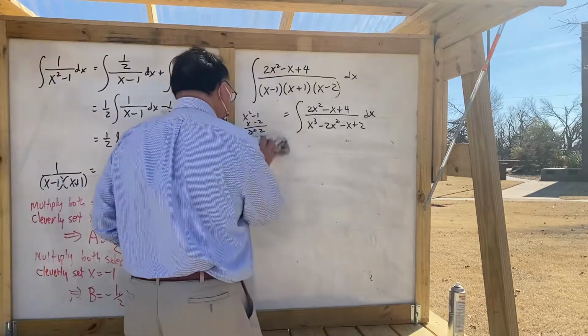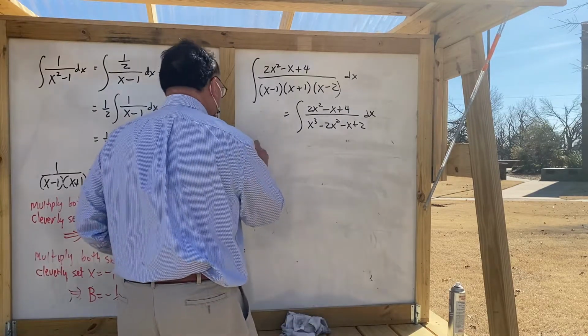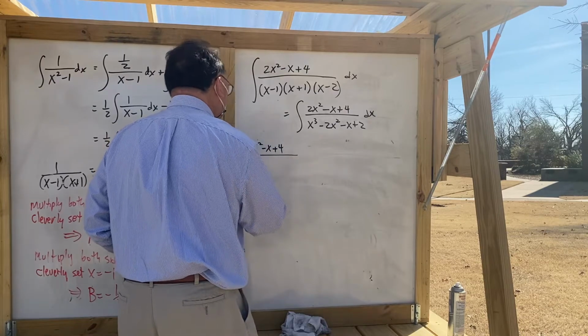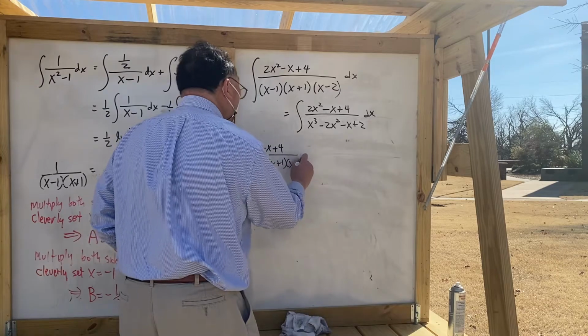So what I'm going to do is factor this, so then I get 2x squared minus x plus 4 over x minus 1, x plus 1, x minus 2.